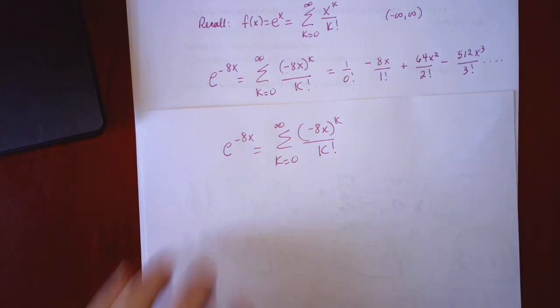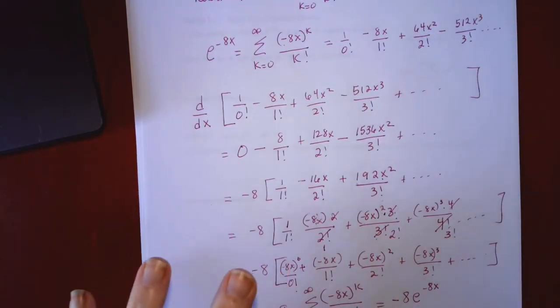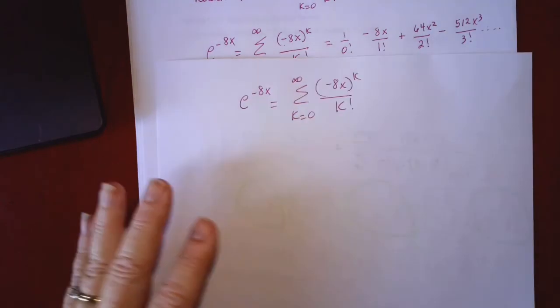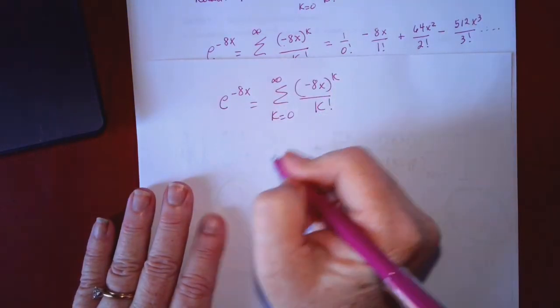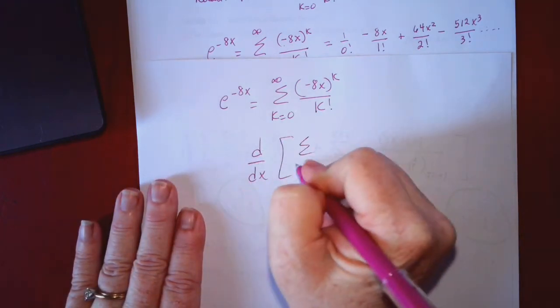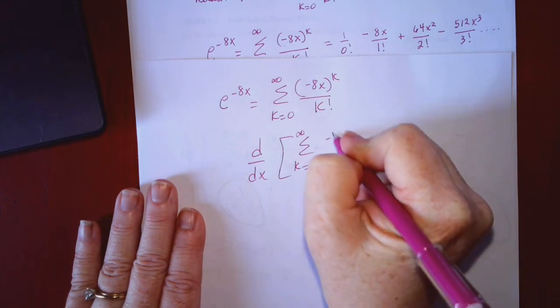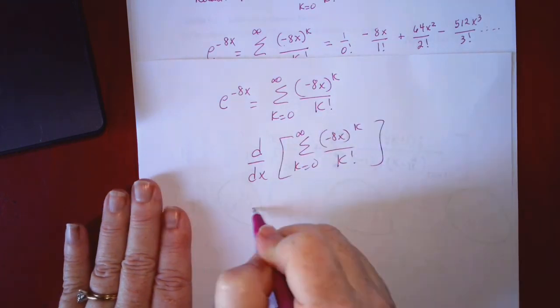Because you've got to admit, this is kind of a long drawn out process when you have to take the derivative term by term and do all the factorization. When you have 8x to the k, if you take the derivative of that, all right, what would we get?